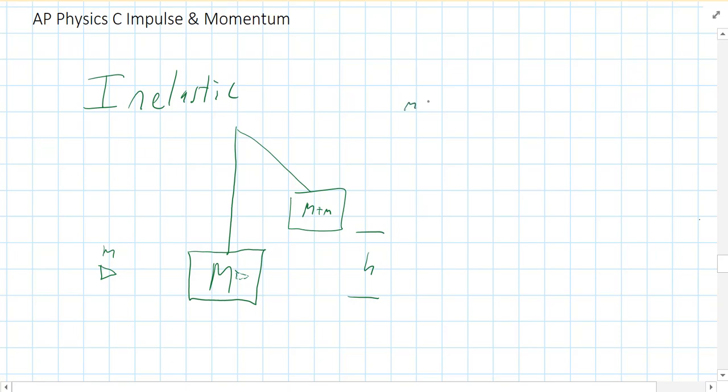So let's say the mass of the bullet is 10 grams. And let's say the mass of the block is 1 kilogram. And let's say the height that block achieves is 5 meters. Now, a real ballistic pendulum used to be a device that law enforcement would use to calculate muzzle velocity. They'd make the mass of the block much bigger, so it wouldn't go nearly as high. But we're going to go ahead and use these numbers.